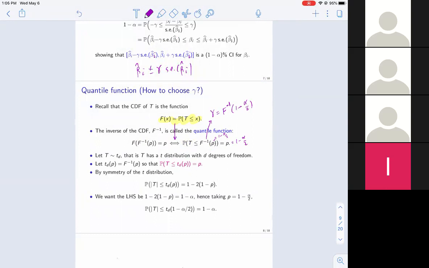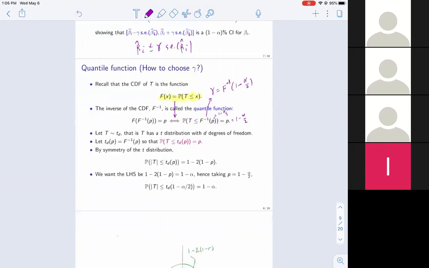Sometimes, if this is a t distribution, I write this quantile as t_d of p, the t distribution with d degrees of freedom. So for example, we write gamma is t_{n minus p plus 1} of 1 minus alpha over 2. This is just the 1 minus alpha over 2 quantile of the distribution.